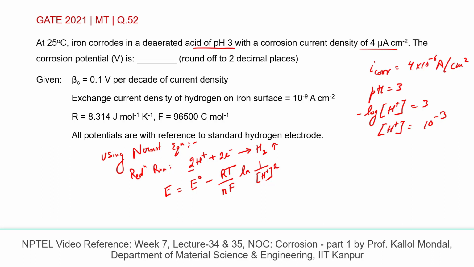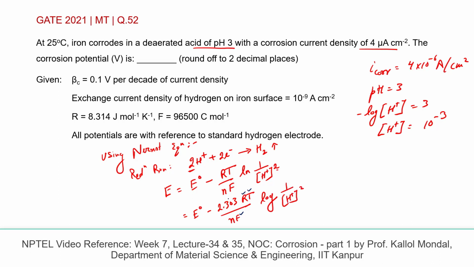since the coefficient is 2, it will come to the power of the concentration of hydrogen ions. We can also write it as 2.303 RT over nF in terms of log.